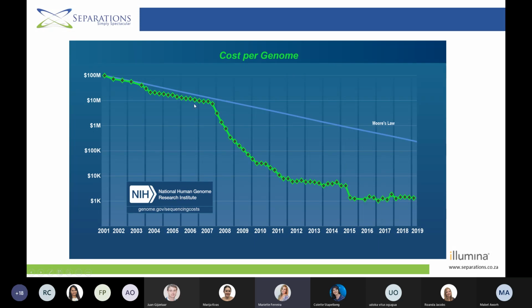And an interesting fact is if you look at the cost per genome, what it cost in 2001, up to $100 million. And this graph is actually quite old because we've recently launched the new V1 kit on the NovaSeq, where you can sequence a whole genome at 30 times coverage for about $600.